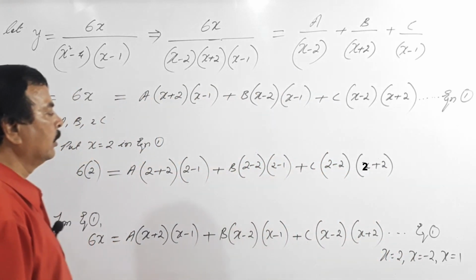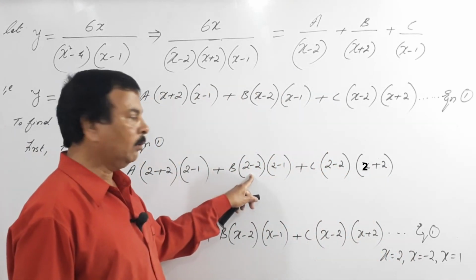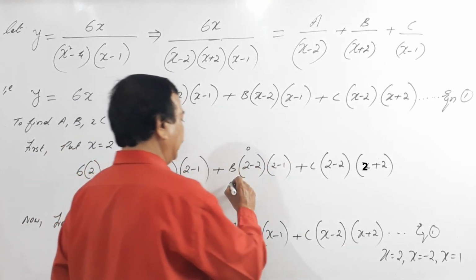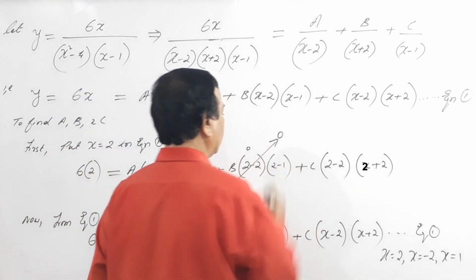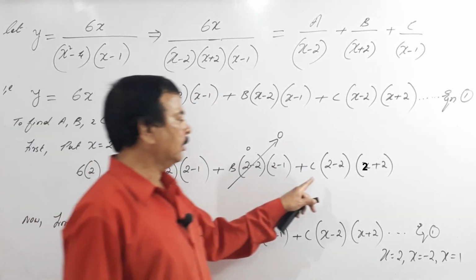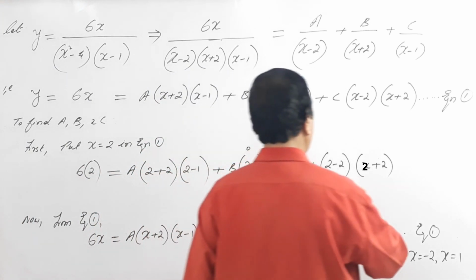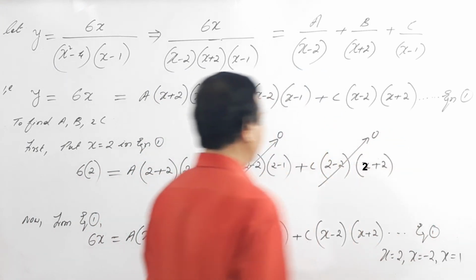What happens here? 2 minus 2 is 0, so if you multiply, the entire thing becomes 0, and here also 2 minus 2 is 0, so if you multiply everything, this becomes 0. Done.